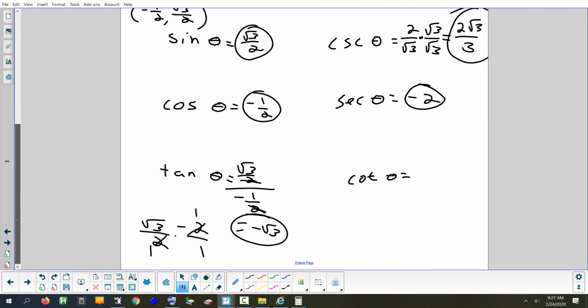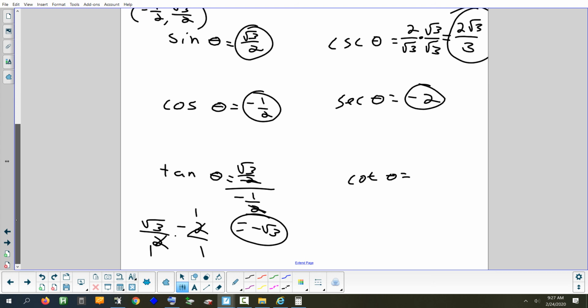Okay. And now let's look at our cotangent. So look at the answer we got for tangent. And Jay, the answer we got for tangent, was it a fraction? Well, how about what we circled? No. So we don't have a fraction there to flip. But to get the cotangent, you have to flip something.